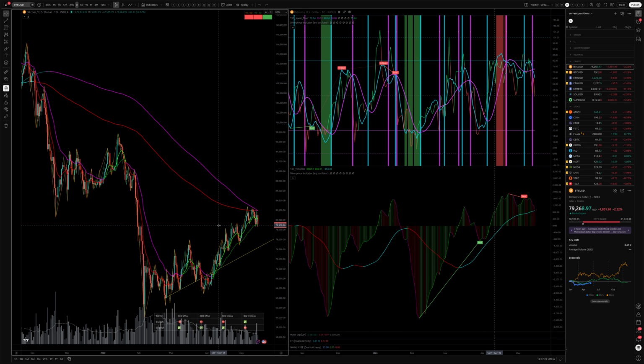It looks like here there was some area of resistance right about 78,700-ish. You could still draw the top there and still have your triangle be here, and then it would look like just a retest of that position as well.